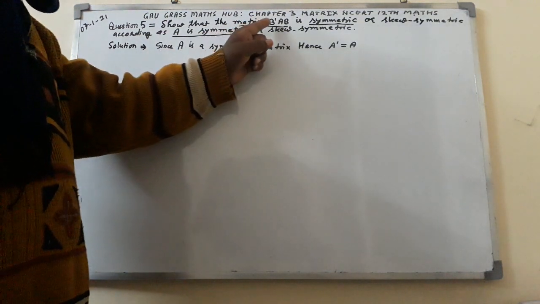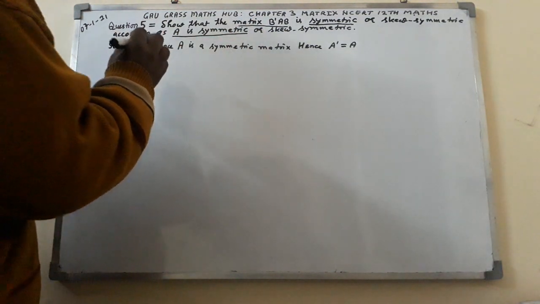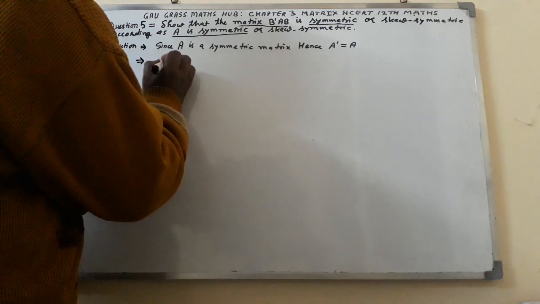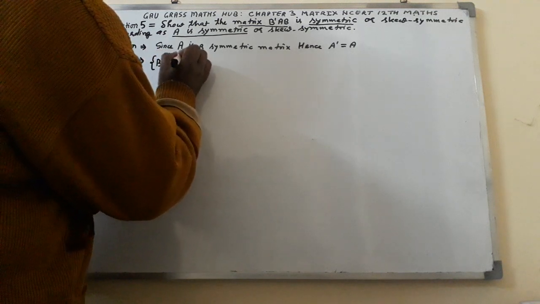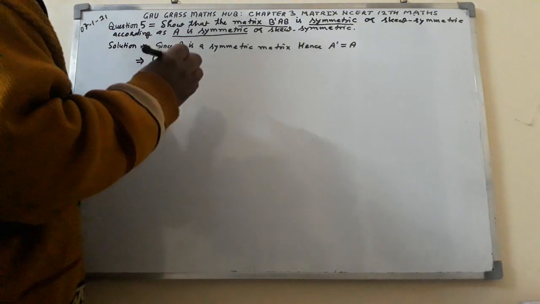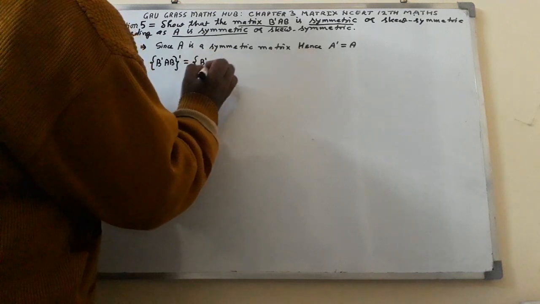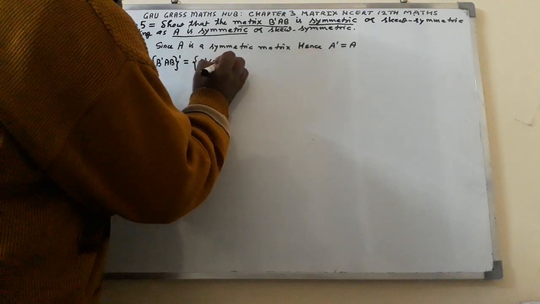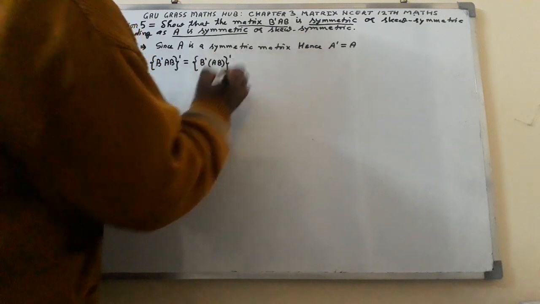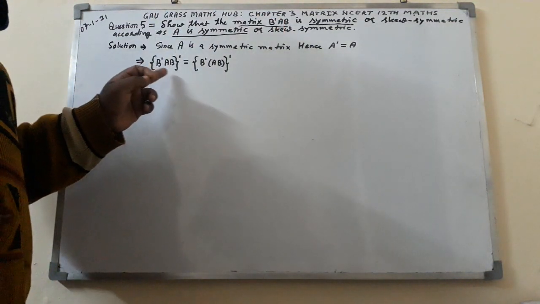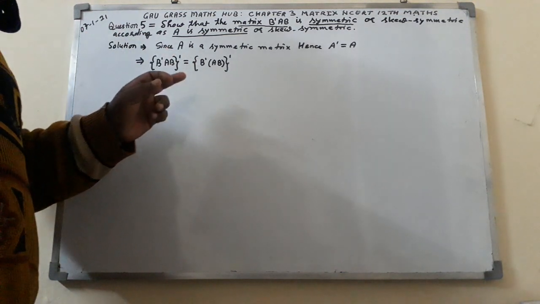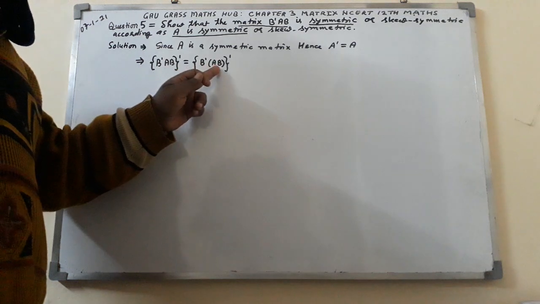Now the matrix B dash AB. So here I shall write, it implies that the transpose of B dash AB is equal to, in curly bracket, the transpose of B dash AB, which is written in bracket.